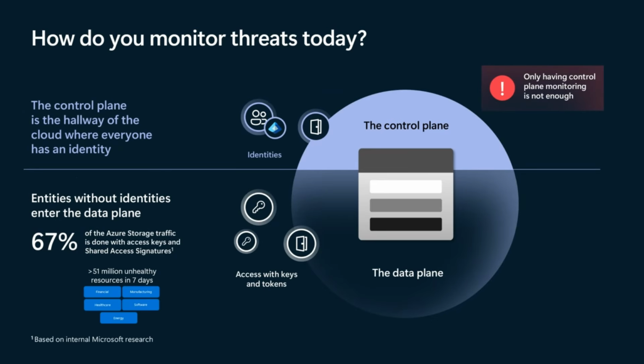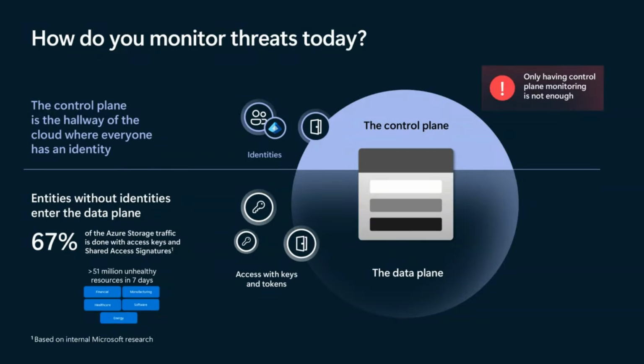Now, why is it important to scan for anomalous activity? Because if you think of a storage account today, it's not only control plane, it's also the data plane, right? Now, most people think about, okay, I'll look at the control plane. I'll see who's misconfiguring, who has maybe read-write permissions to my storage account.